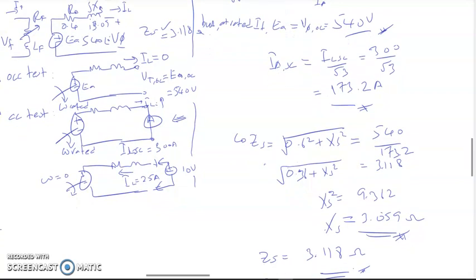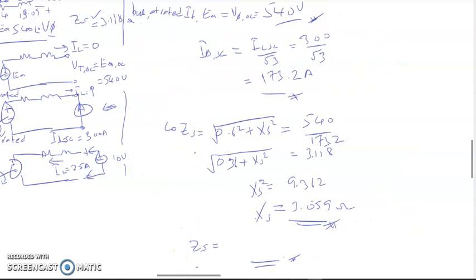So XS is 3.059 ohm. Sorry, the ZS is 3.118 ohm.